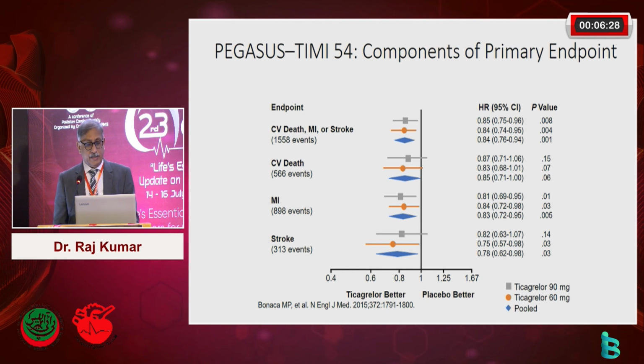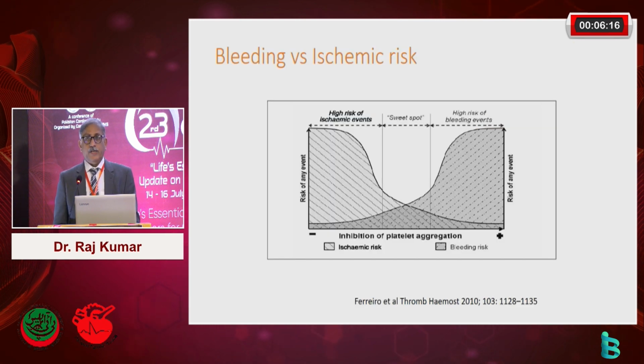In another PEGASUS TIMI analysis, you can see that for cardiovascular death, MI, stroke, and cardiovascular death or MI or stroke, ticagrelor is much better than the placebo. So we need to balance. We need to consider whether the patient is at high risk of bleeding or at high risk of ischemic events.